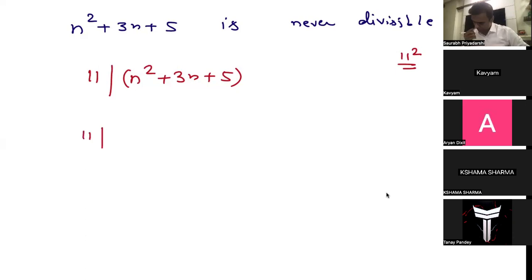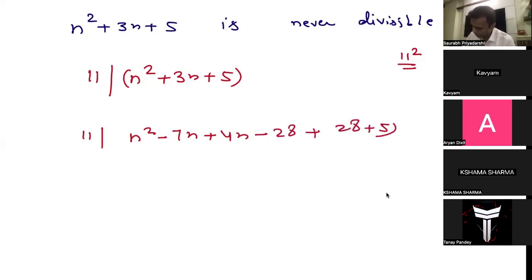So the nearest thing I can see from this is n square minus 7n plus 4n, right? Plus or minus 28, plus 28, plus 5. Is this okay?